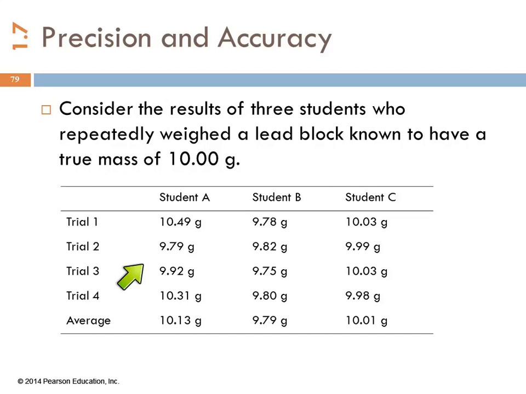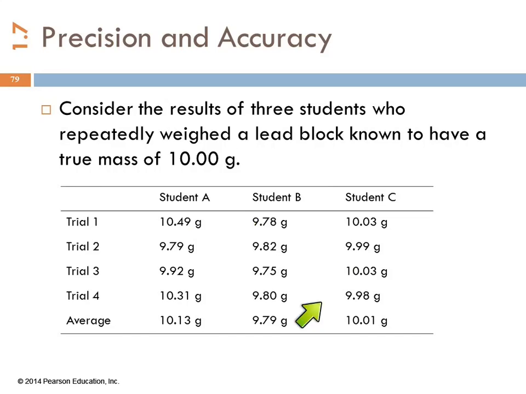So here we've got 10.49, 9.79, 9.92, 10.31, and then the average is 10.13. We can look at these averages and which one of them is closest to 10.00. Student C, right? This is closest to the true mass, so this is the most accurate measurement.